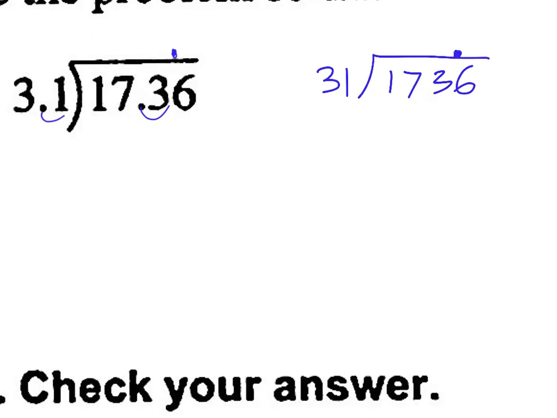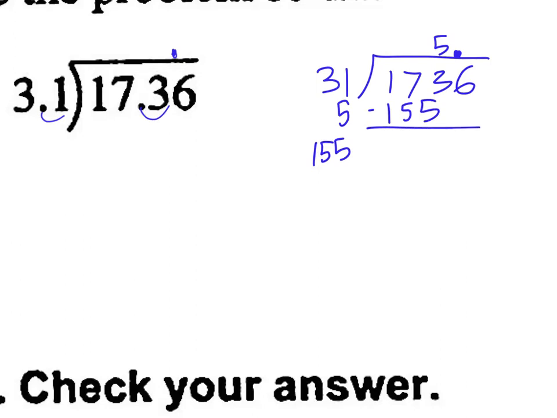Okay, 31 goes into, well, third, I'm going to guess 6 times. So that's 6, and that's, ooh, that didn't work. So it didn't go 6 times. Let's try 5 times. That's going to be 155. That looks about right. So we'll go 5, 155.